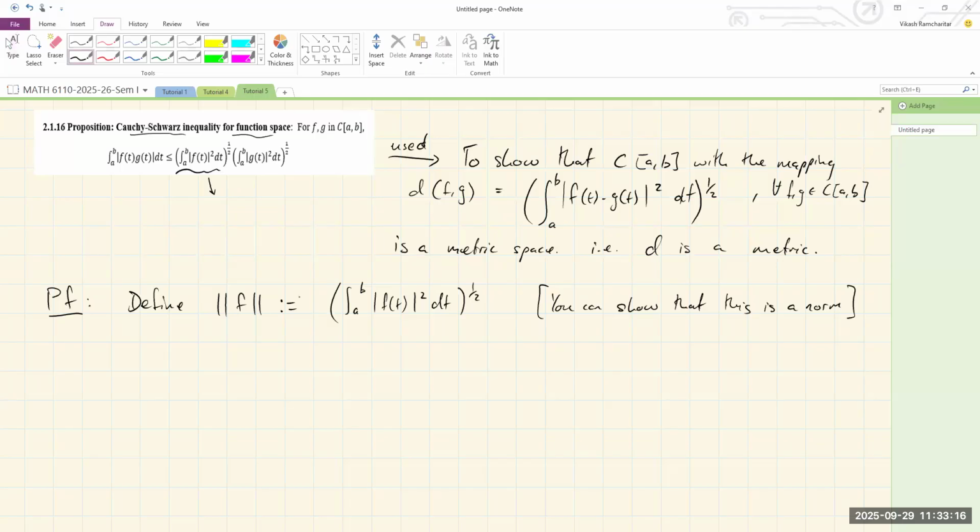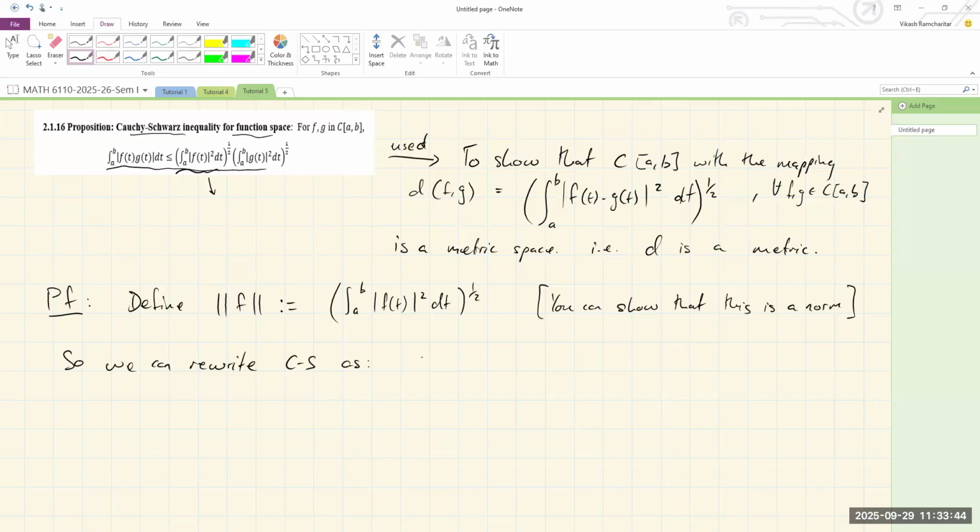So we can rewrite the Cauchy-Schwarz inequality using this new notation. I could rewrite what I want to prove in terms of this symbol.